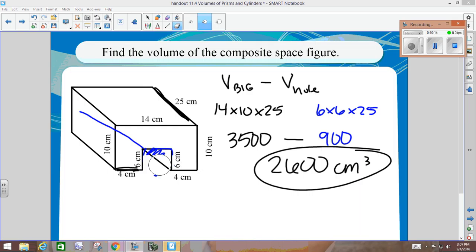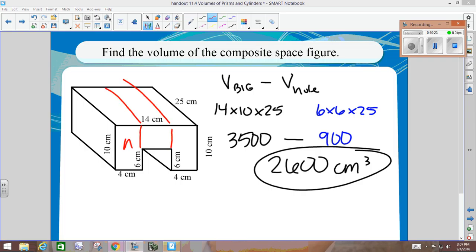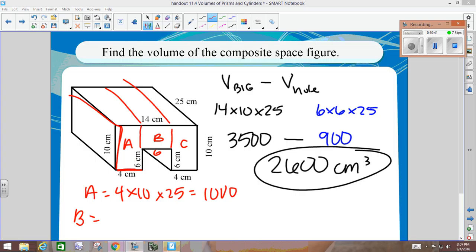Oh, then the other way you could do it is to break it up, which you have some like that today on your homework. If I were to go like this, this would be A, this would be B, this would be C. The volume of A, 4 by 10 by 25, is 1,000. Volume of B, well, we already figured out that this was 6 from the last one.